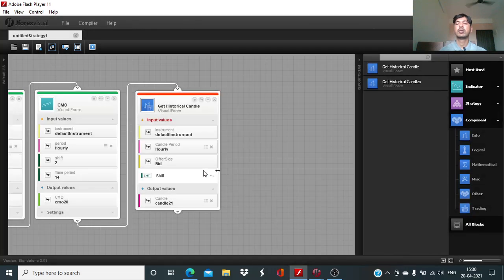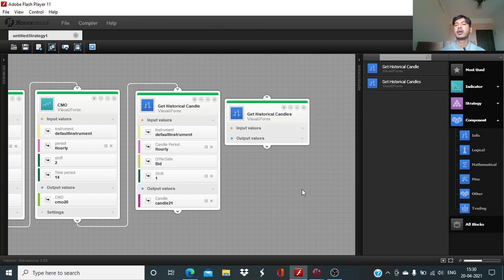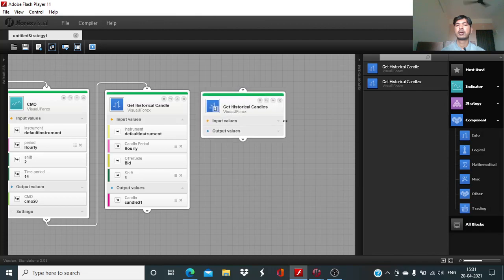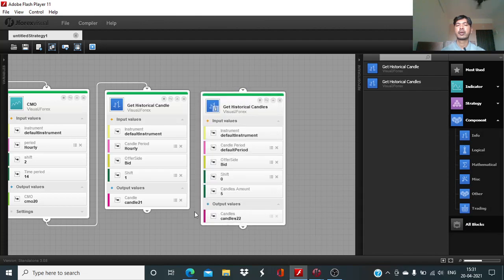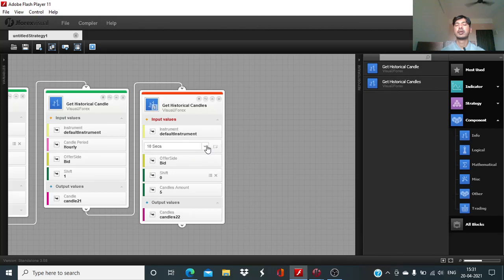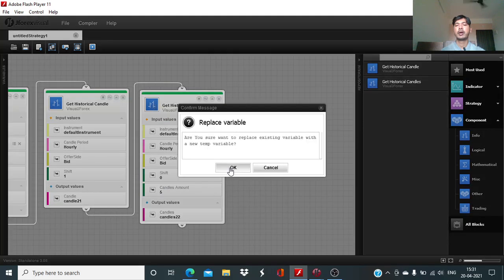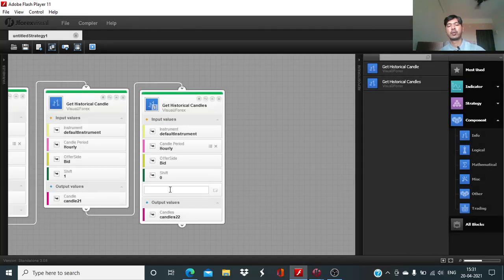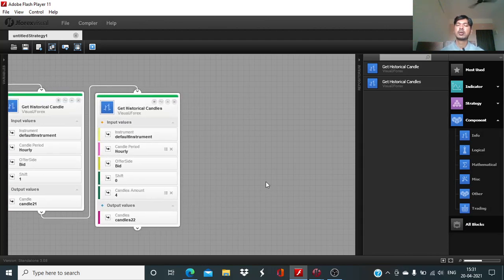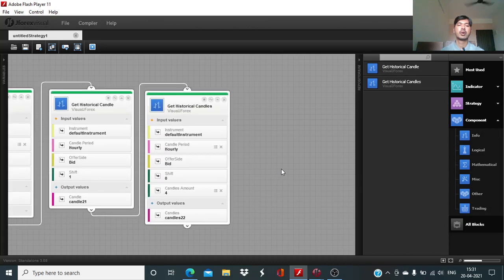Shift will be changed to 1, and then this is also going to be of hourly time frame, and I will reduce this candle amount to 4, right?